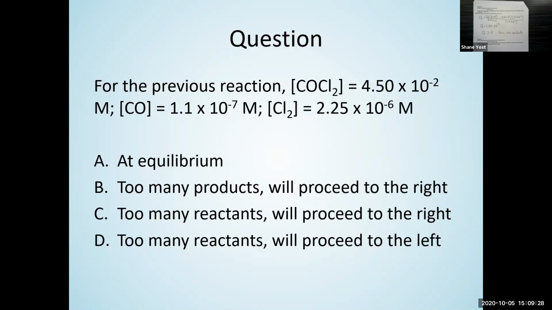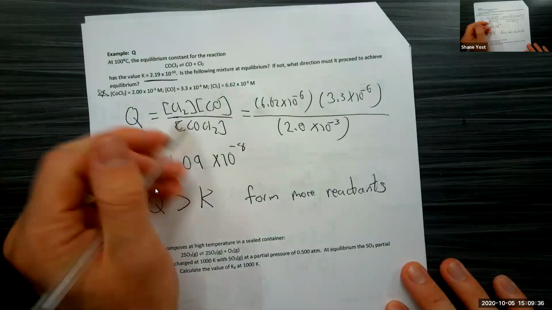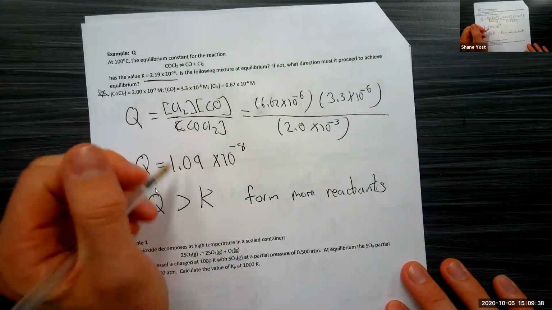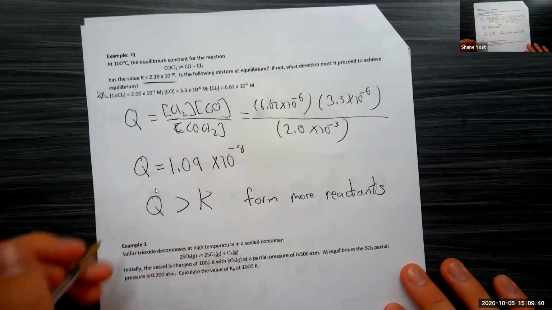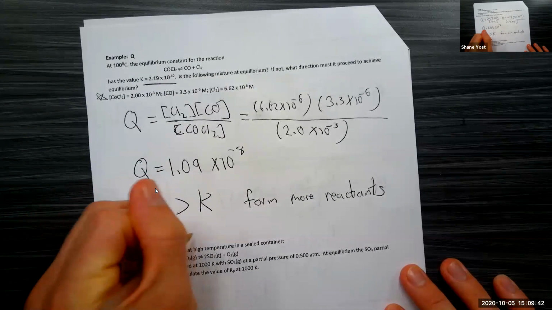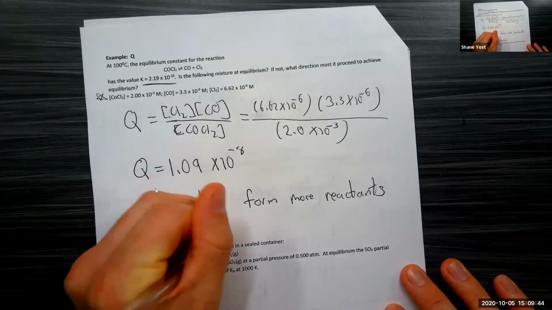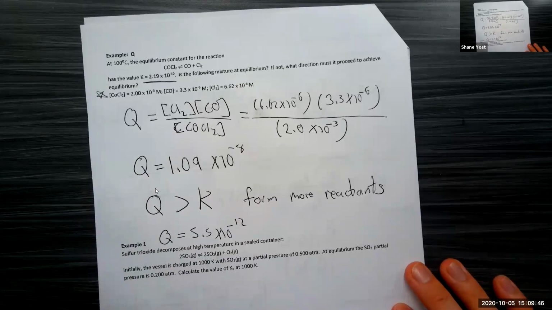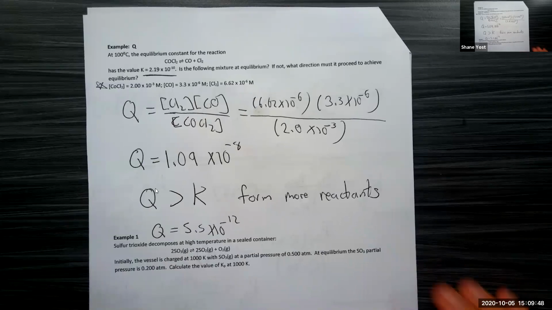So if you plug in to your Q expression, your reaction quotient expression here, with the values given, you'll get Q equals 5.5 times 10 to the minus 12, I believe, if I did my calculations correctly. Which, if I compare that to K, Q is going to be smaller than K.